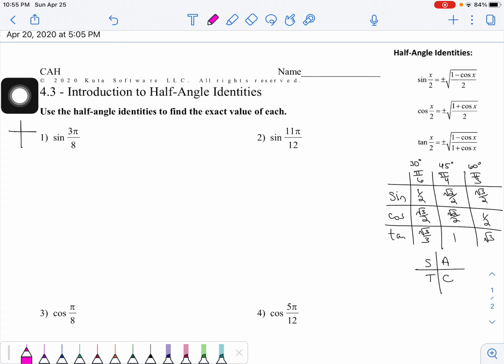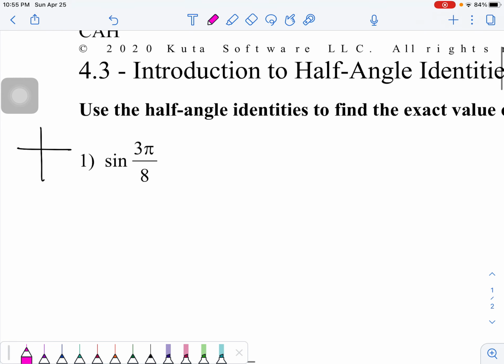The other thing I could think of is if I were to zoom in on this and start here and go by 8s, 4 pi over 8 would put me all the way up at pi over 2. I'm not quite that far. So I know I'm in quadrant 1.